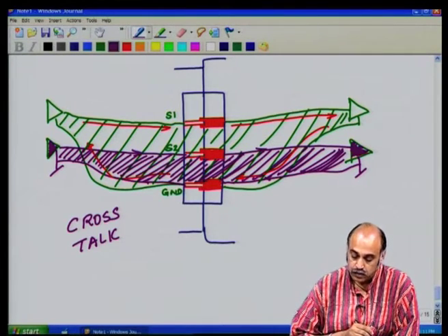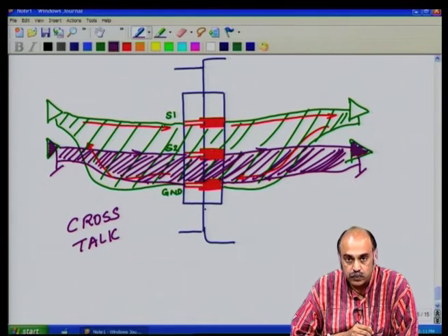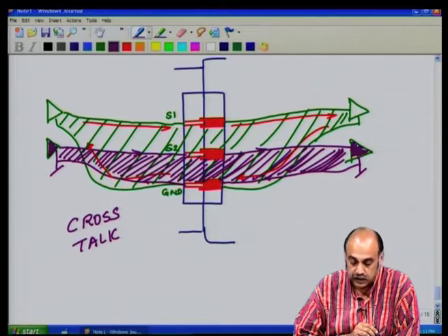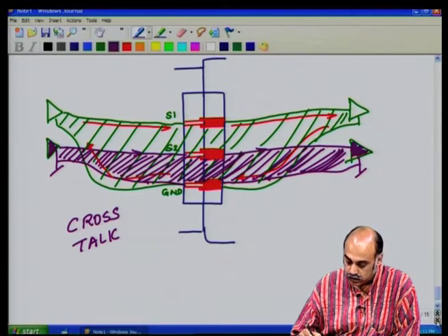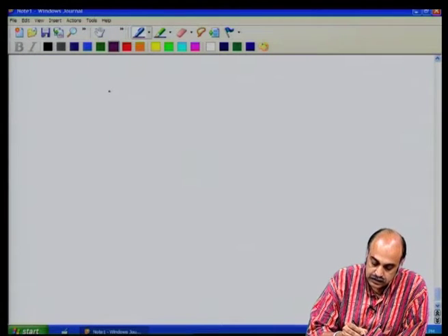So, therefore, we need to be very careful when we are laying out and routing the lines through the connectors. The mutual inductance has two components.